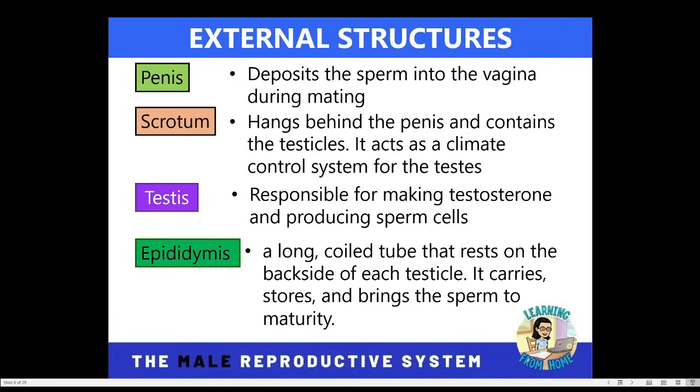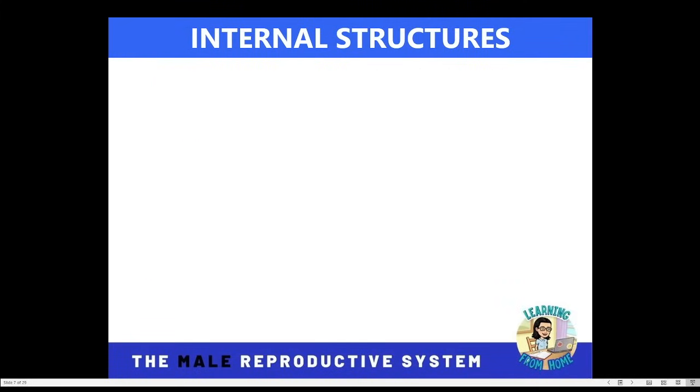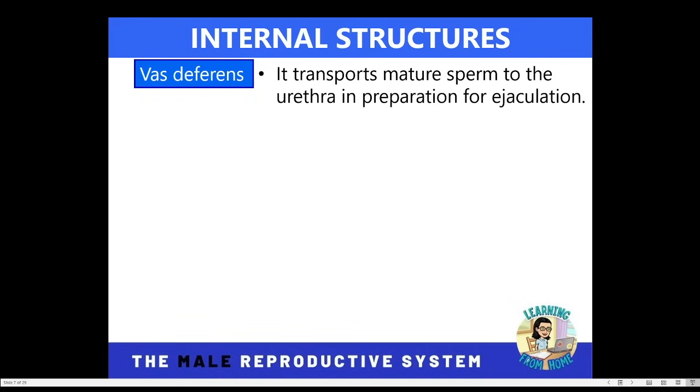Next, let's go to the internal structures. We have the vas deferens. The vas deferens is a tube that transports mature sperm to the urethra in preparation for ejaculation. So whenever a family or a couple doesn't want to have a baby anymore, maybe because of family planning, we have a process called vasectomy.